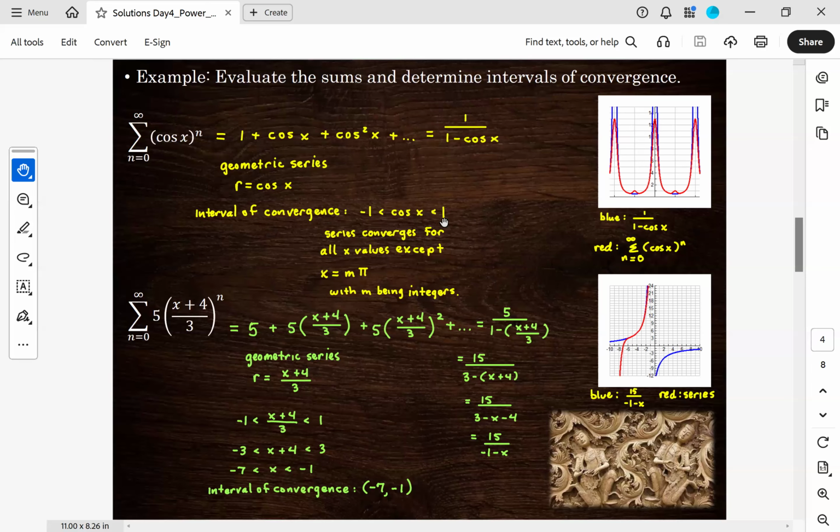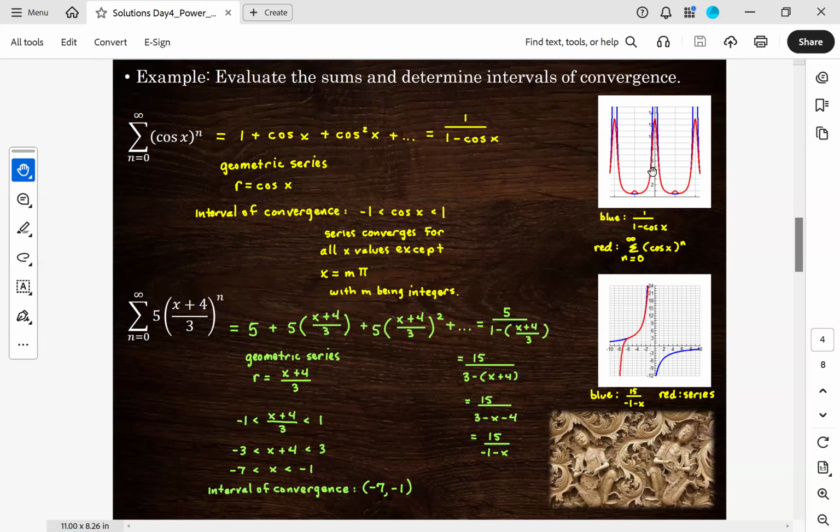So there are a few values, well, really an infinite number, where this thing does not work, and we have to think about where cosine would be equal to 1 or -1. Well, it's exactly on the integer multiples of pi. Cosine of 0 pi, cosine of 1 pi, 2 pi, 3 pi. These are the locations where cosine is -1 or 1, and therefore our relationship breaks apart.